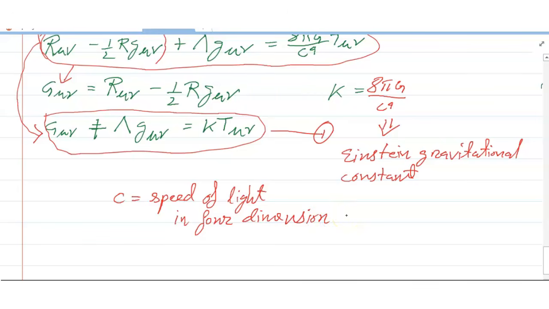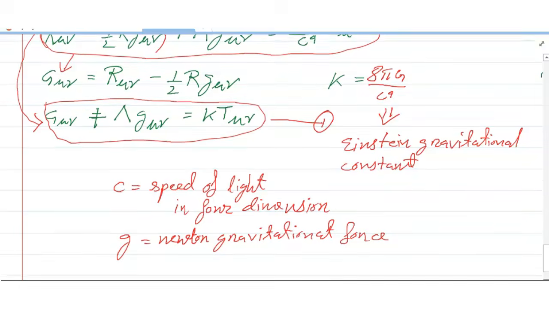And G is the Newton gravitational constant.